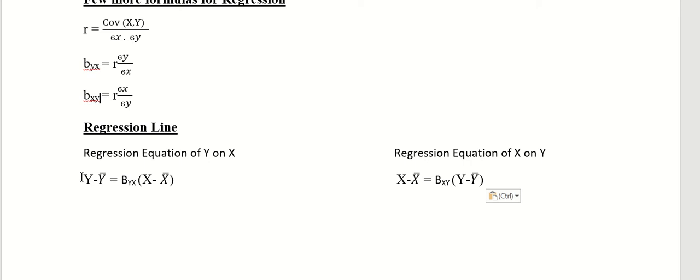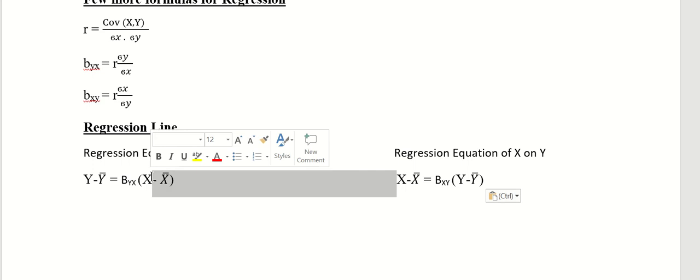Y minus, when it is y on x, x is the independent variable, and whichever is your independent variable, it will be multiplied by beta. So always remember two things: first, the independent variable comes in the denominator, and second, it is multiplied by beta. So this is the formula.